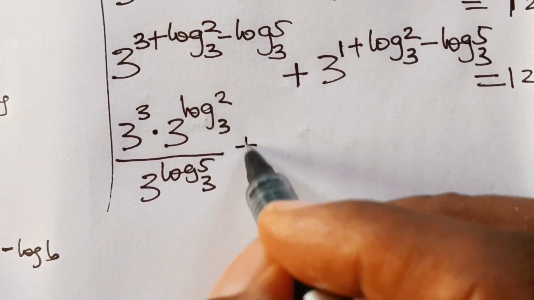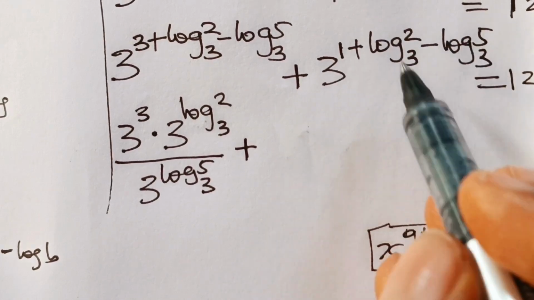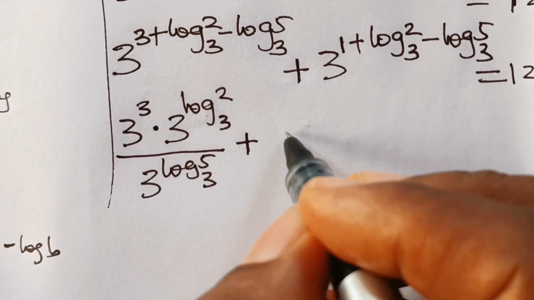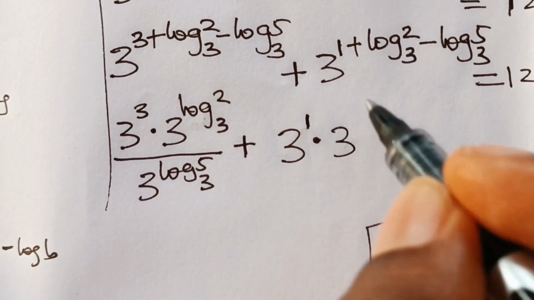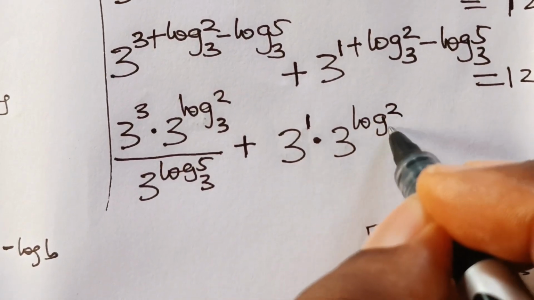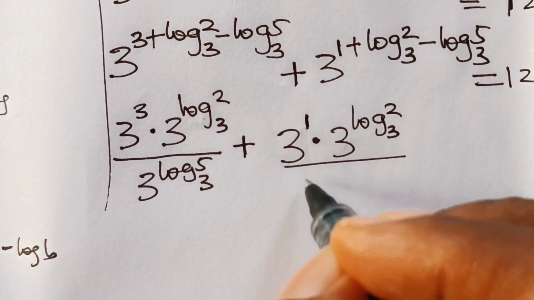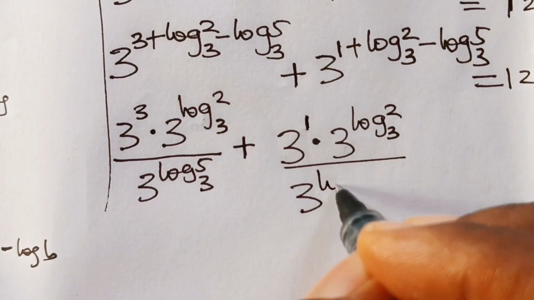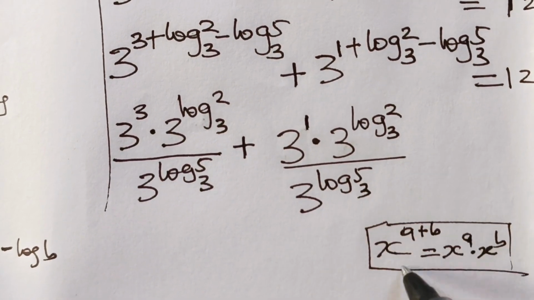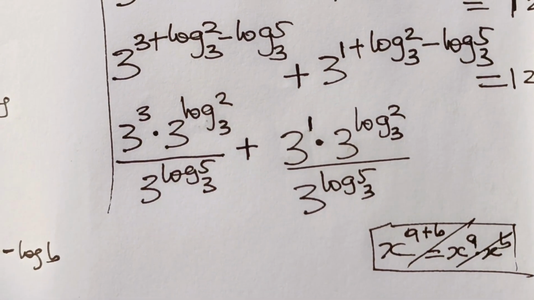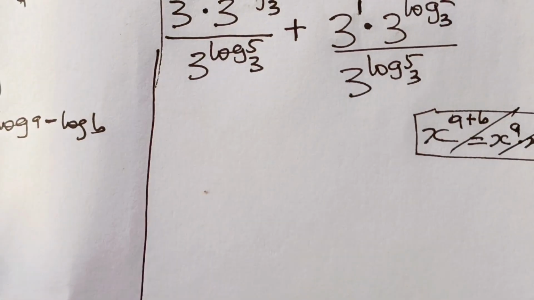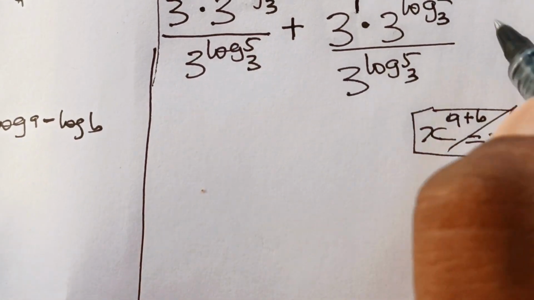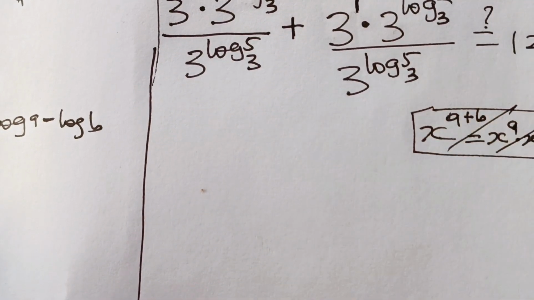Plus the same thing we are going to do to this side. So we have 3 to the power of 1 multiplied by 3 to the power of log 2 base 3 divided by 3 to the power of log 5 base 3. This is not among what we are solving, so don't get confused with that. So this is equal to 12.